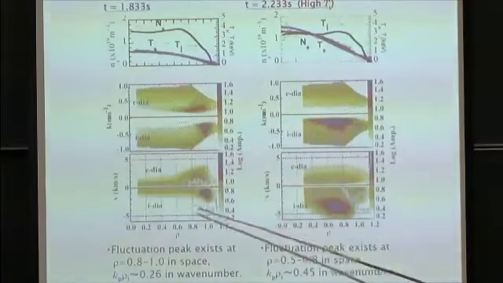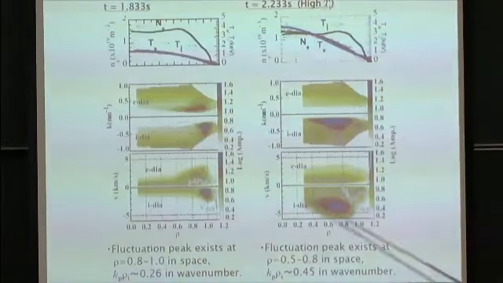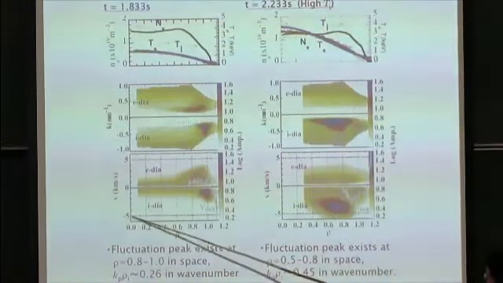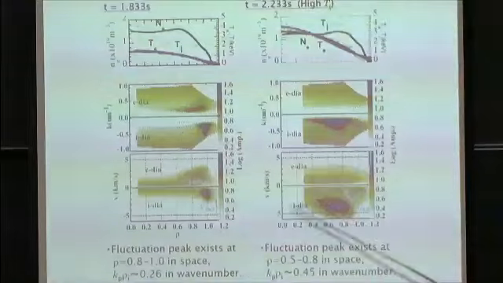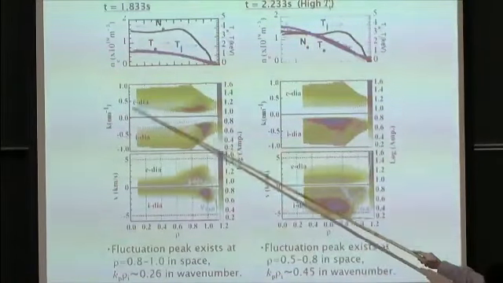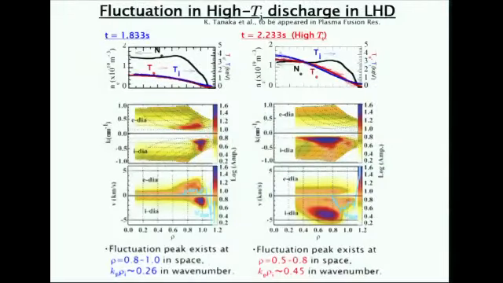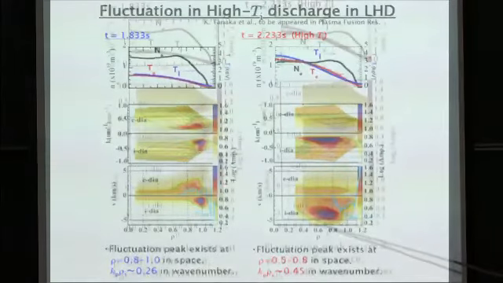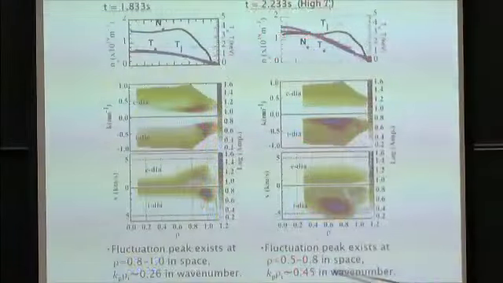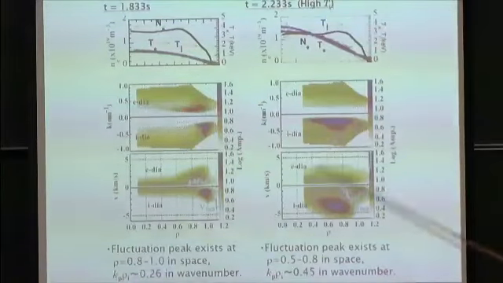And these are density fluctuation contours on the plane defined by minor radius and poloidal wavenumber or poloidal phase velocity. In this high Ti case, the fluctuation peak is shifted more into the core region, and these are typical poloidal wavenumbers corresponding to the peak of fluctuation.